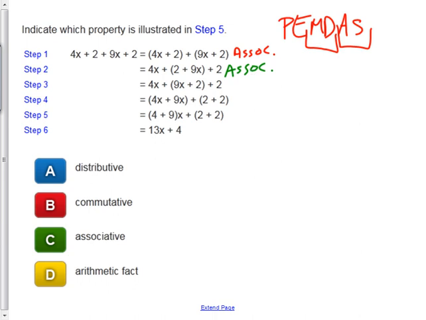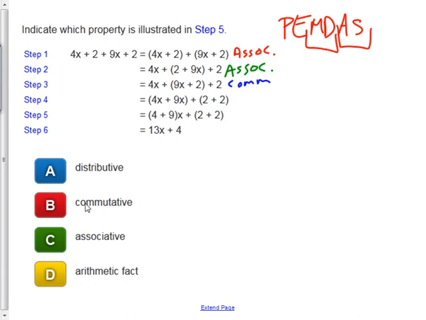Okay, now for our next step, the 4x is in the same spot, but notice how we move the 9x and the 2 around, and then this 2 is in the same spot. So when we do that, that no longer is the associative property, we are showing and demonstrating the commutative property right there. The commutative property says that we can add in any order, and we can also multiply in any order.